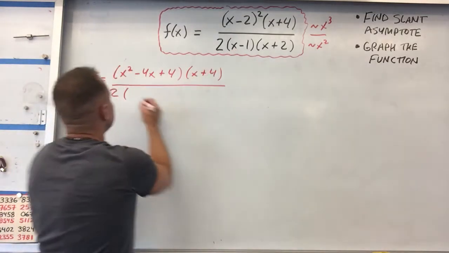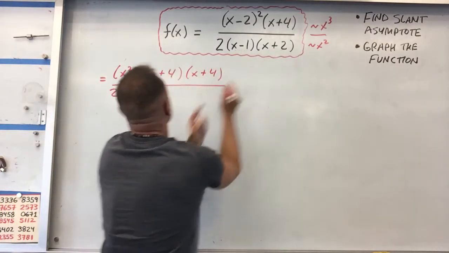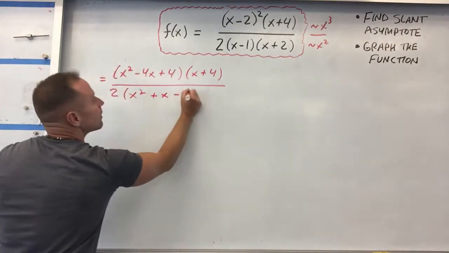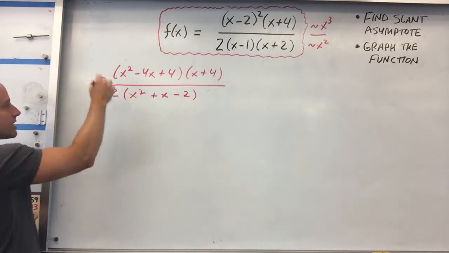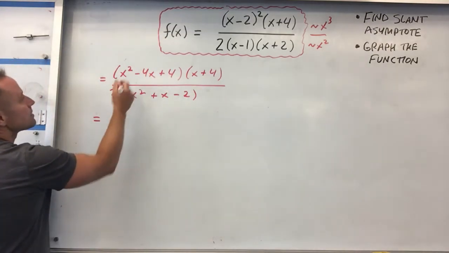So this is going to be x squared, and then we've got a minus 1x and a plus 2x, so that's just going to be a plus x, and then we have minus 2. One more move with the numerator and denominator and we'll be ready to do some division with these polynomials.